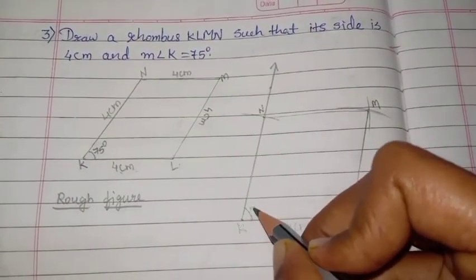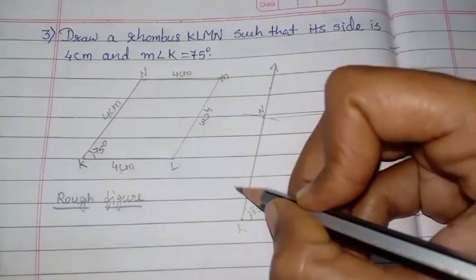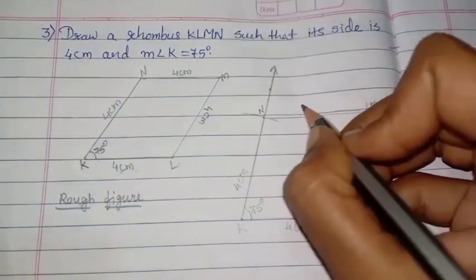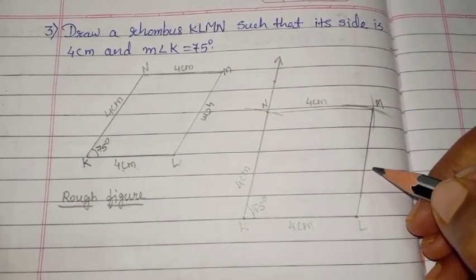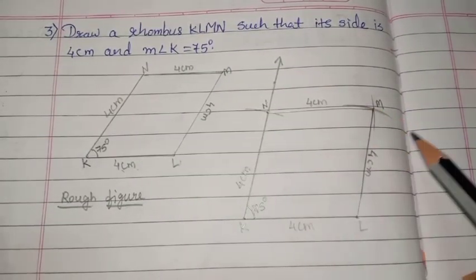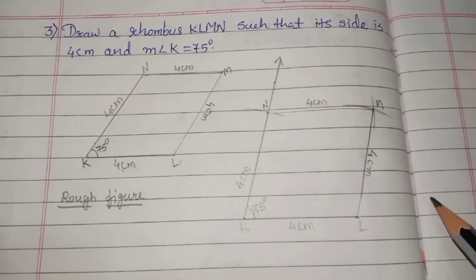This is 75 degrees. This is 4 centimeters, and this is also 4 centimeters. See children, in this way we have completed question number 3.